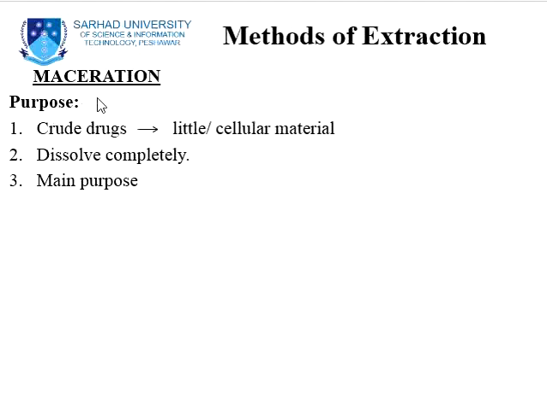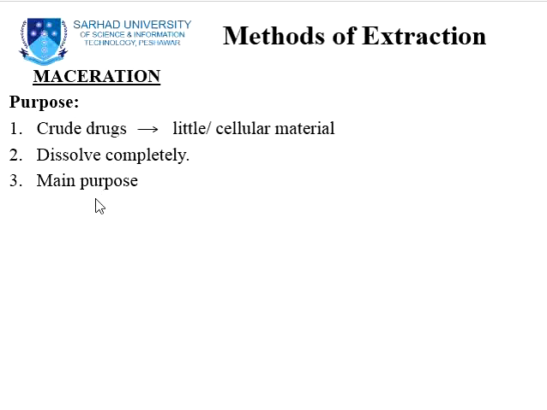The purpose of maceration process. The maceration process is used for those drugs containing little or no cellular material such as benzoin, or we can say that the maceration process is used for those drugs which are quickly or almost completely dissolved in menstruum.